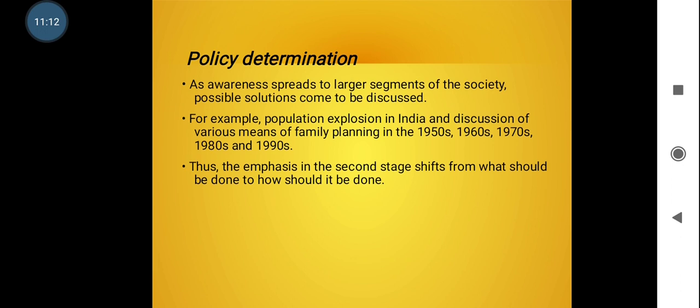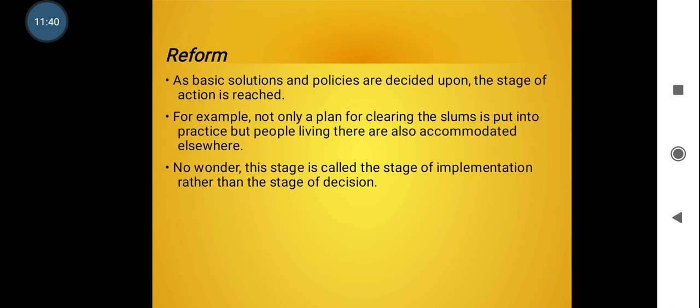As awareness spreads to larger segments of the society, possible solutions come to be discussed. For example, population explosion in India and a discussion of various means of family planning in the 1950s, 60s, 70s, 80s, and 1990s. Thus, the emphasis in the second stage shifts from what should be done to how it should be done.